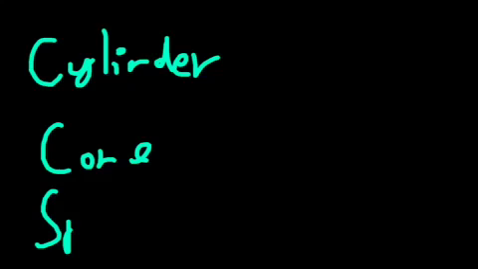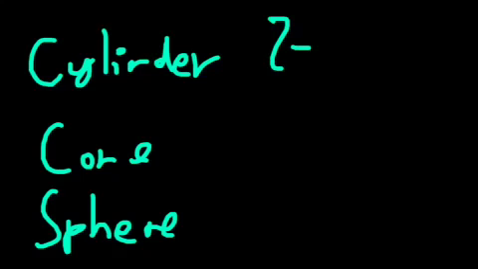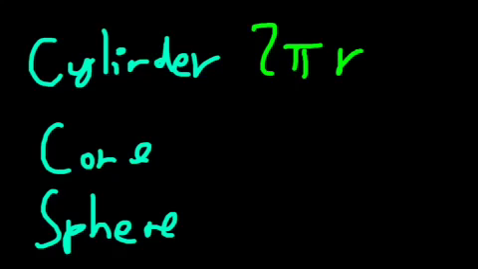Cylinder, cone, and sphere. Cylinder is 2 pi rh.